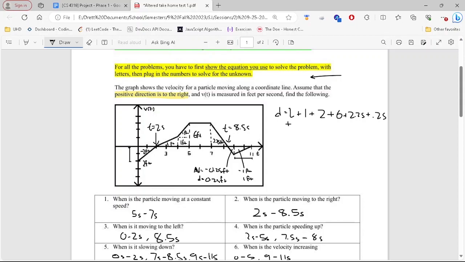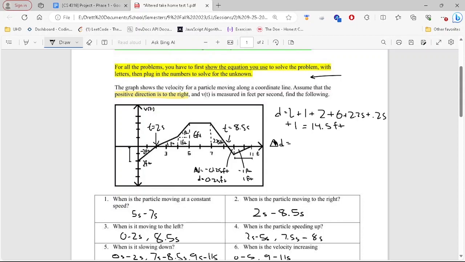And the distance covered here is 1 feet, which is going to be equal to 13.25, 13.5, 14.5. Let me just recalculate it just in case. Yep.